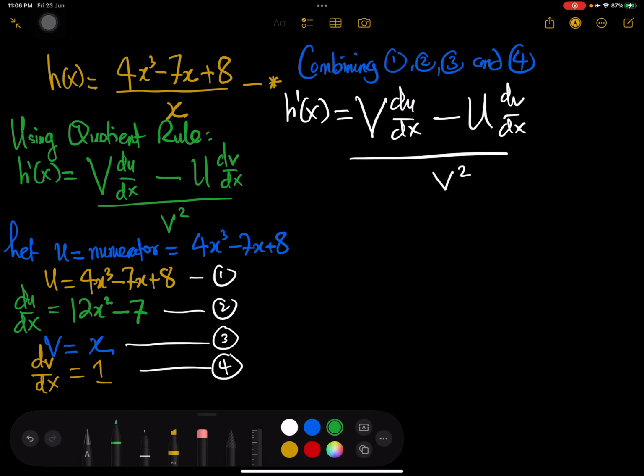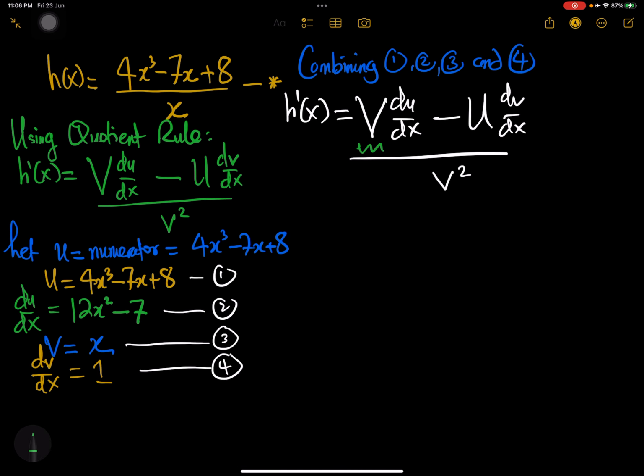What is our v here? Equation 3, which is x, multiplied by our du dx, which is 12x squared minus 7, minus our u. Our u is equation 1, which is 4x cubed minus 7x plus 8. So don't forget, this is the main minus here. And then the u is what we have in parentheses, multiplied by dv dx.